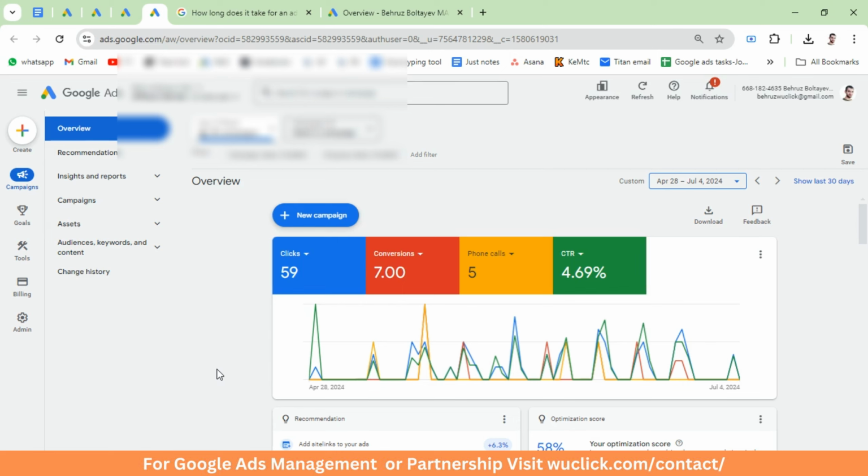And if your ads are very relevant to users who need your service, for example, they might be typing something on Google, and your ads, keywords and campaigns should be very relevant to what they are typing on Google, and your ad content and landing page should also be relevant to what they are searching for, and all of the metrics should align. Your ad copy and your keywords should be very relevant to each other. If they are very relevant to each other, you can expect to get phone calls from your ads really soon.